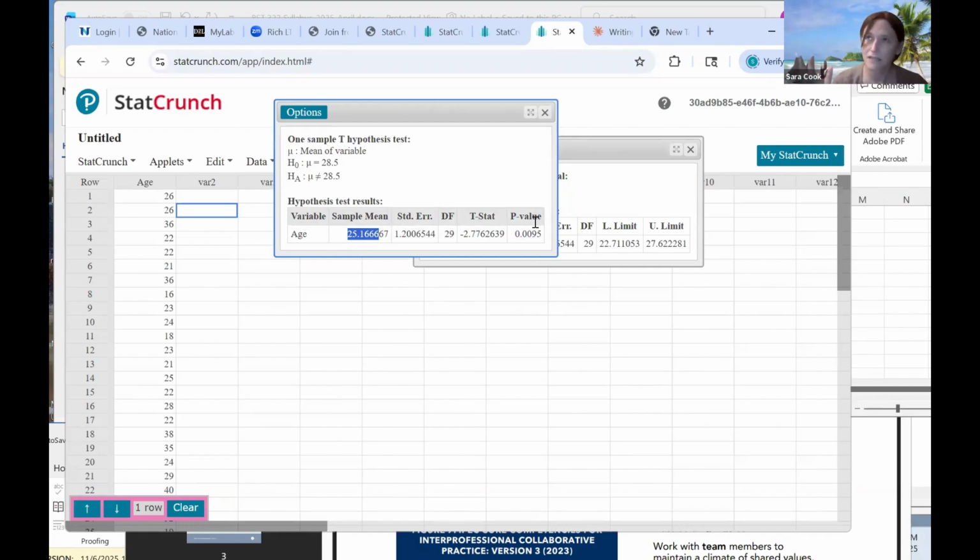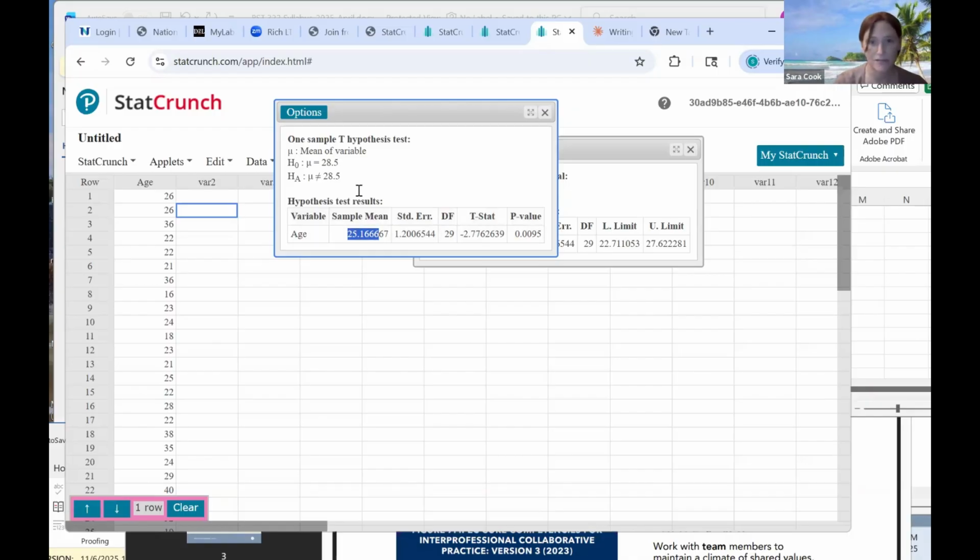But it's the level of certainty we're allowing around our decision to say that this is different. Okay, we're allowing ourselves to be wrong roughly 5% of the time. And so, yes, 25.16 is different than 28.5.